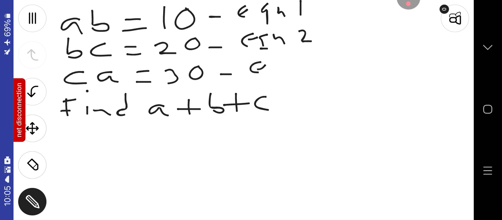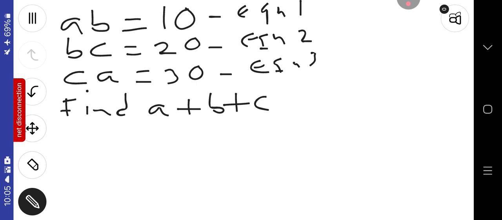Call this equation 3. Now let's solve this. Let's manage it like that.